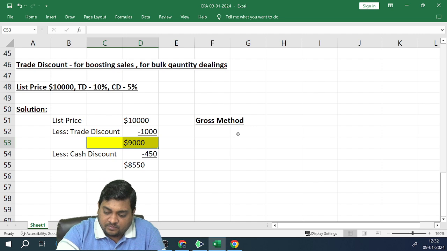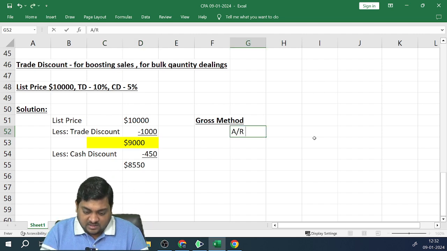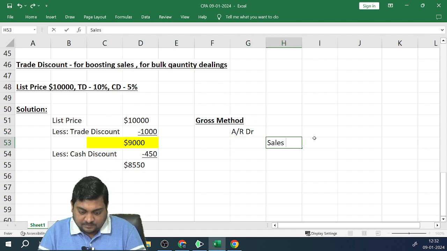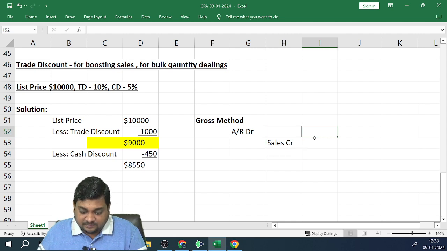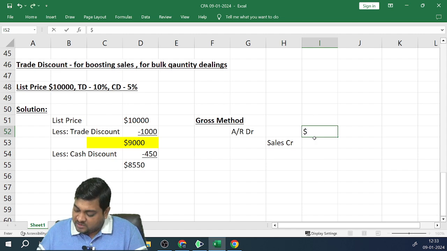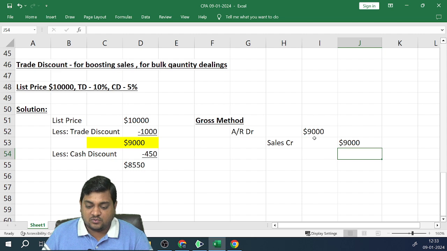Right? So if I am doing accounting as per gross method, then this is accounts receivable debit, sales credit, gross method, I repeat. So this is $9,000, $9,000. Simple.